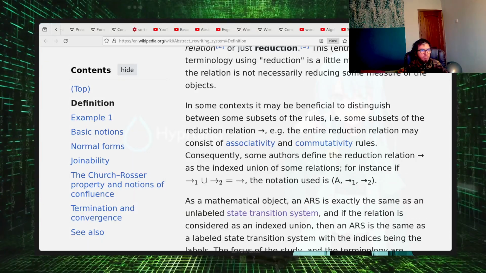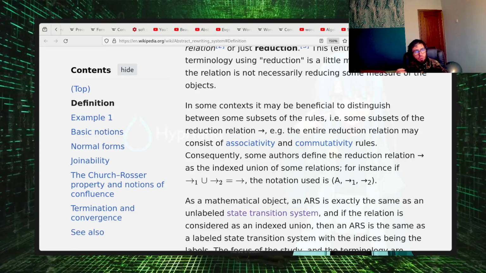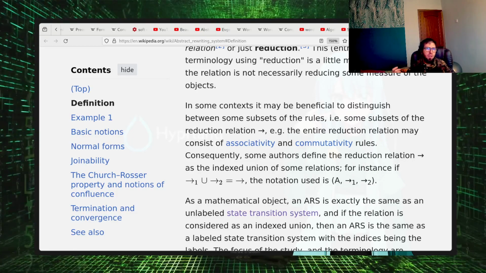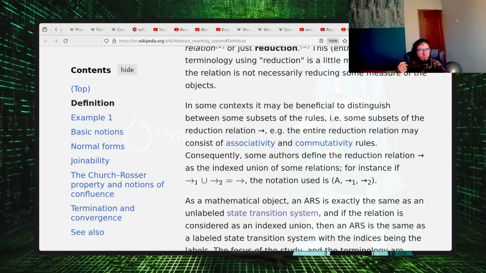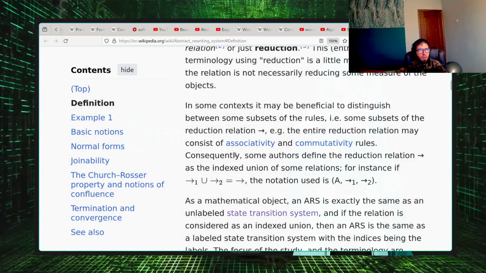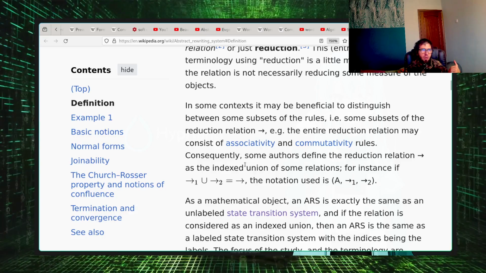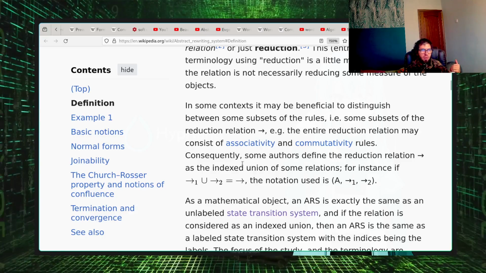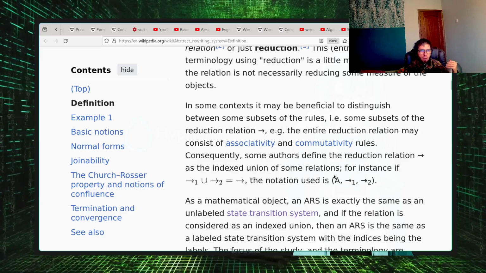In some contexts, it may be beneficial to distinguish between some subsets of rules, i.e. some subsets of the reduction relation, i.e. the entire reduction relation may consist of associativity and commutativity rules. Consequently, some authors define the reduction relation as the indexed union of some relations.